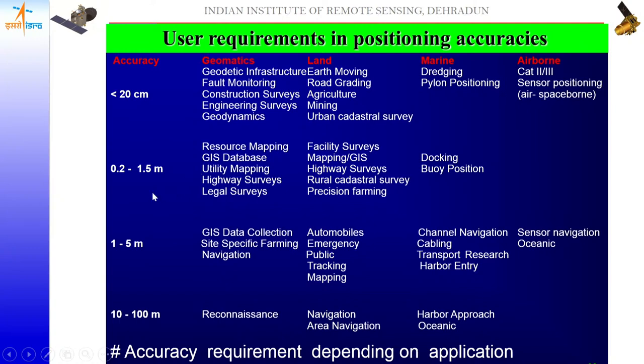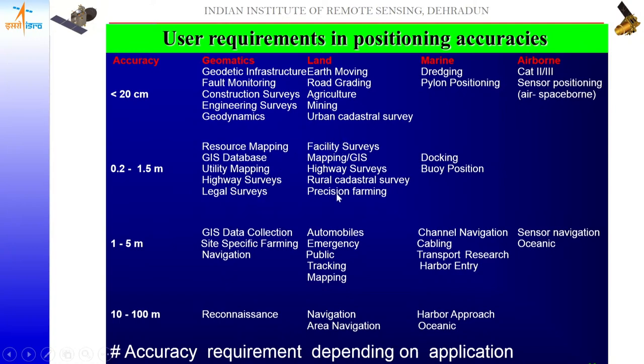Then 0.2 to 1.5 meter is required in resource management mapping, GIS database, utility mapping, highway survey, legal survey. Here you don't need a very precise measurement; even a coarse measurement can give good information.